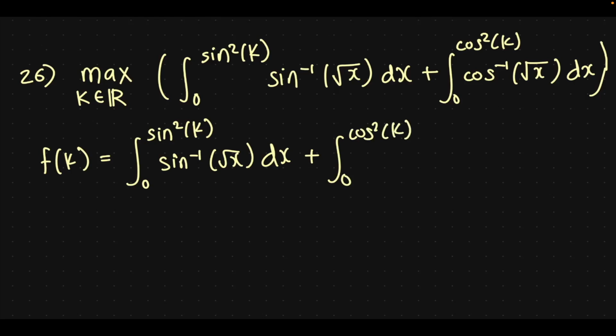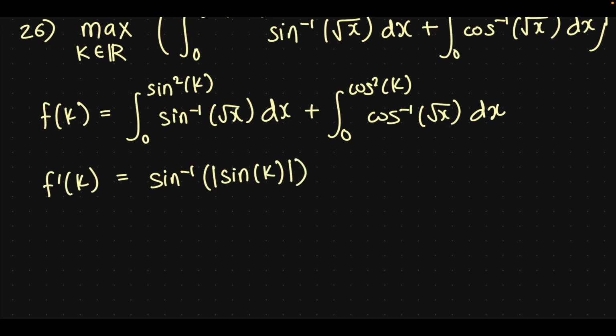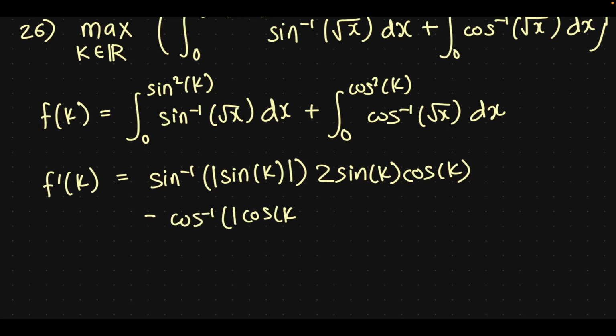So when we take the derivative f prime of k, we get sine inverse of the absolute value of sine k, because the square root of a square will give us the absolute value, to be precise, and then the derivative of the upper bound, which is 2 sine k cosine k. Similarly for the cosine, but we have a minus from the derivative: cosine inverse of the absolute value of cosine k, times 2 sine k cosine k.